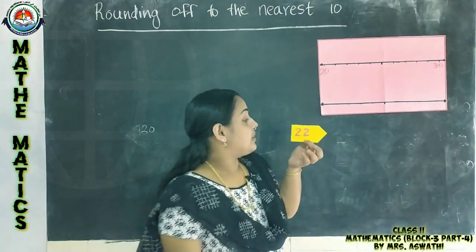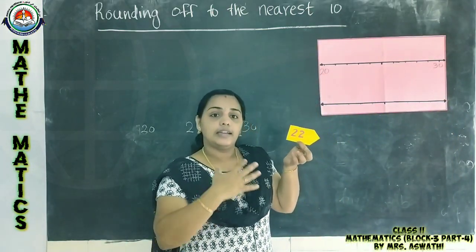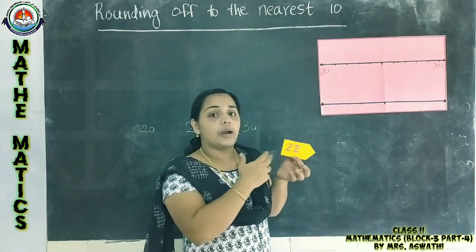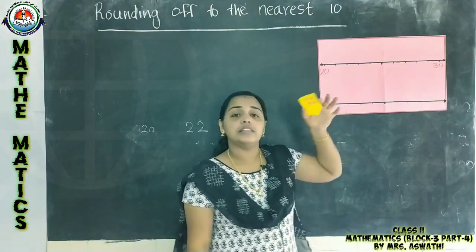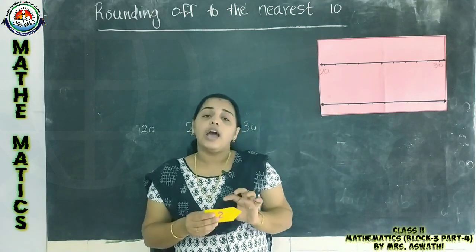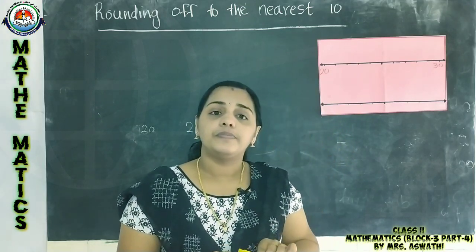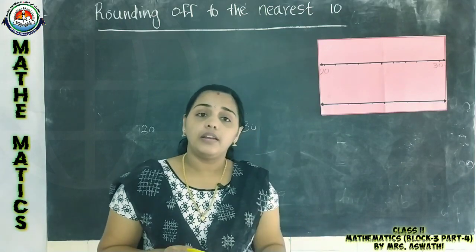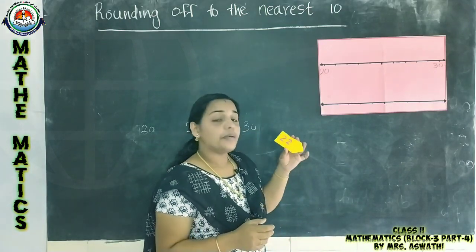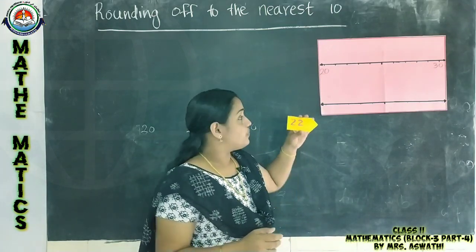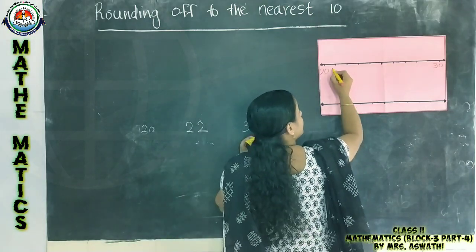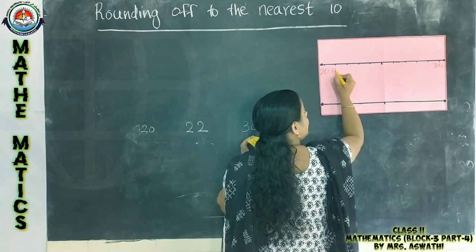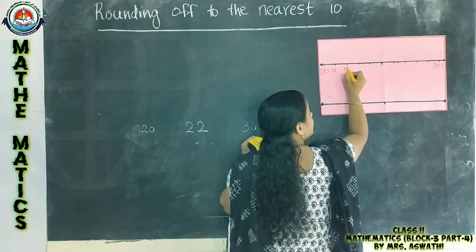So, first we find the two tens between which this number lies. Then, where do I fix this number? How can we know? Find the position of number 22. We can count 21, 22.